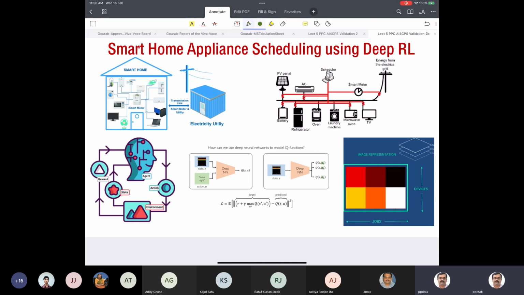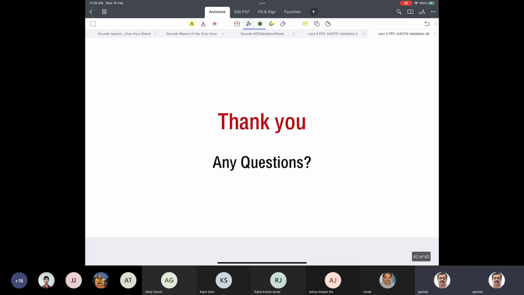There we come to these deep learning algorithms. And these deep learning algorithms again require verification. And that is another story altogether about how to verify and validate the deep learning algorithms. With this, we come to the end of the validation part.